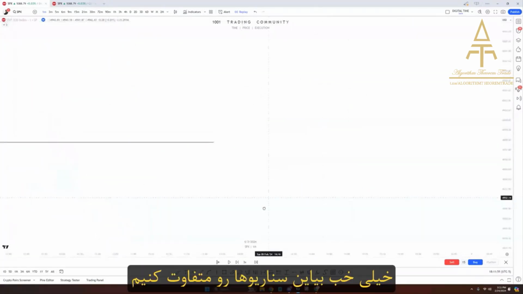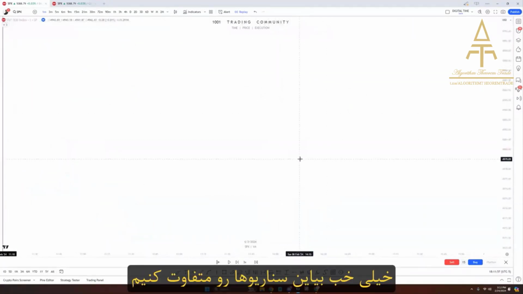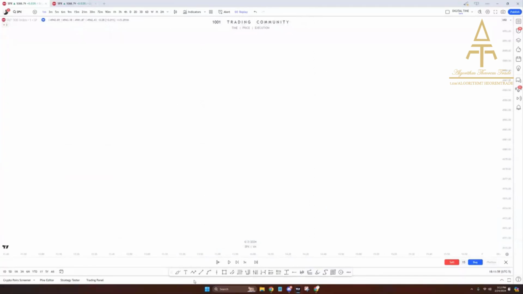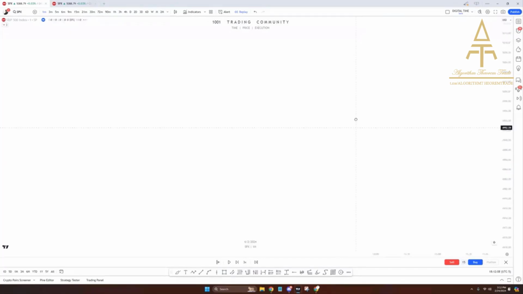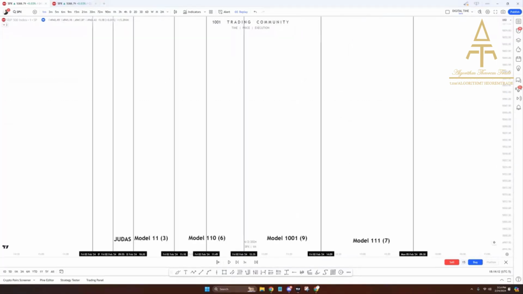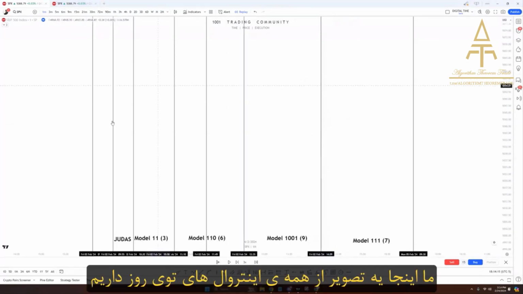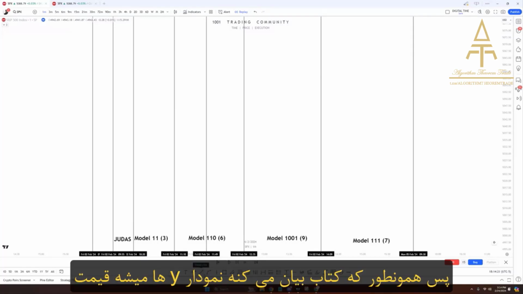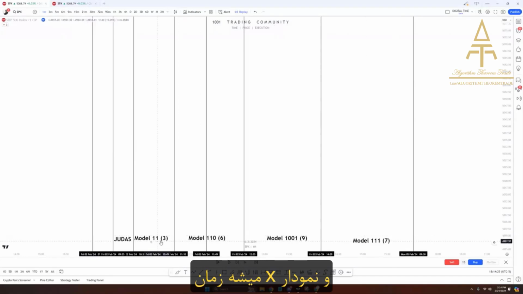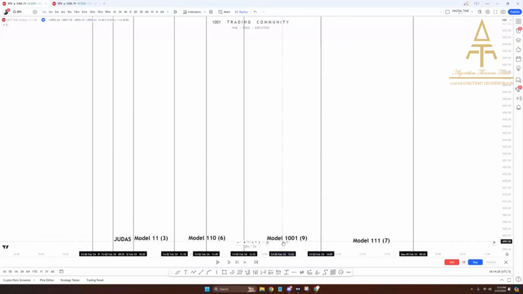So let's draw a bit of different scenarios. Let's go to a chart over here. Here we have a portrayal of the time intervals throughout the day. Like the book states, this is your y-axis, price. This is your x-axis, time. It's always constant.